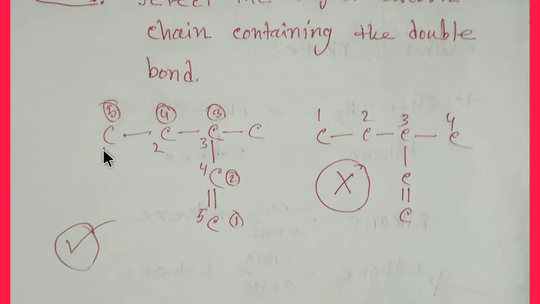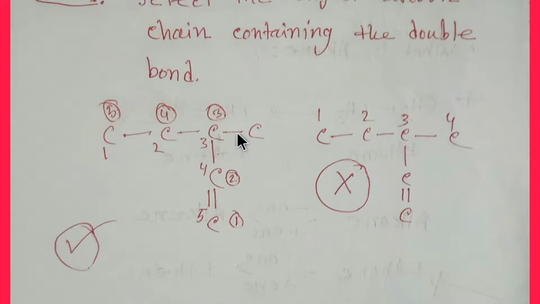But numbering from this side is not correct, because here the position of the double bond is at carbon 4, that is too high. So 1, 2, 3, 4, 5, and here the position of the double bond is at carbon 1. So we have to try to express the double bond at the lowest possible number. So numbering this way is correct.